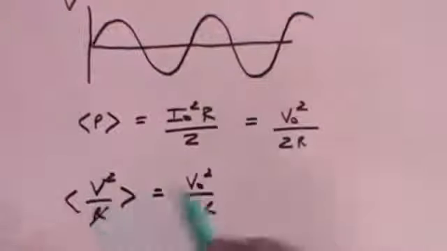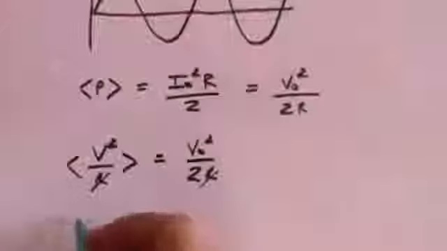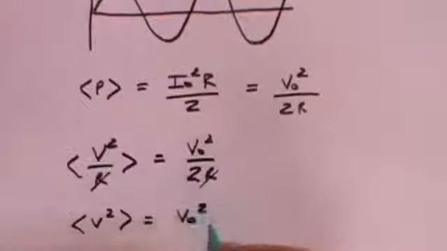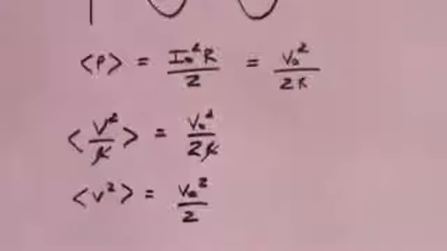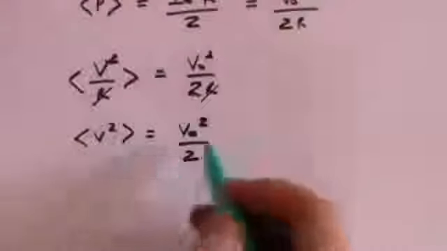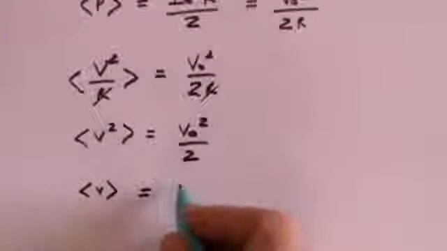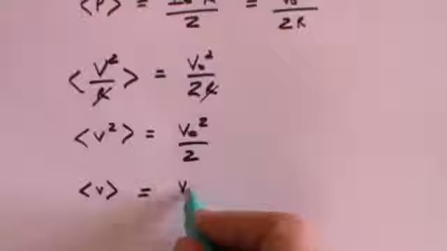The R's cancel, and that gives us that the average value of V squared is equal to V naught squared divided by 2. And that means if you take the square root of both sides, the voltage is equal to the square root of V naught squared, which of course is just V naught, divided by the square root of 2.